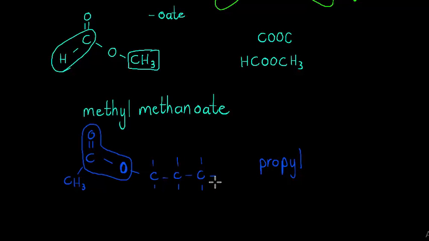Because I've got 3 carbons, that's the prop, and because this one is considered a substituent or a branch, it is -yl. And the basis for this one's name only contains 2 carbons, making it propyl ethanoate. Ethane because there's 2 carbons in the basis of this name, and then the -ate because this is an ester.